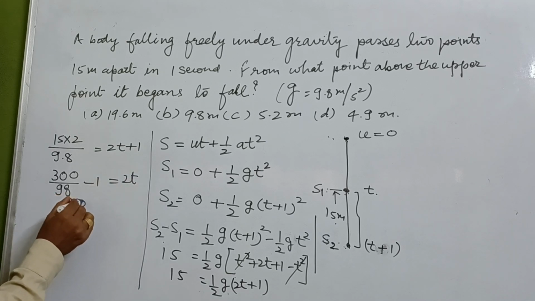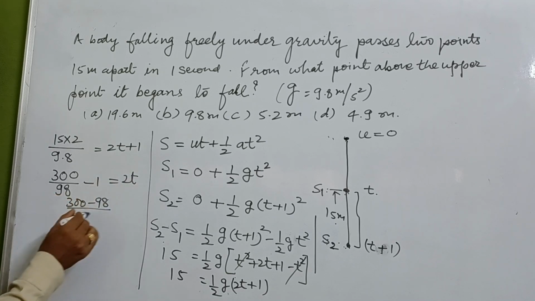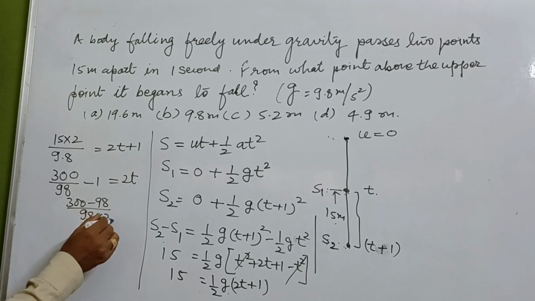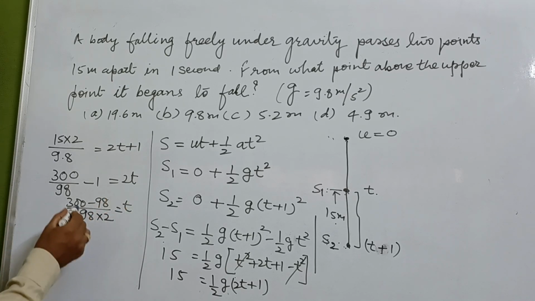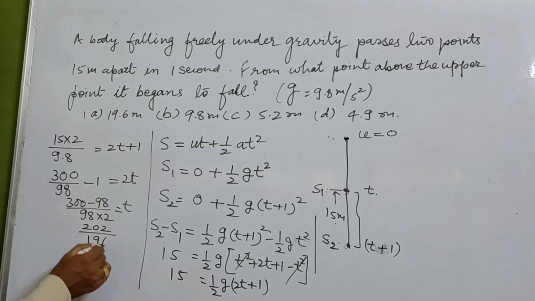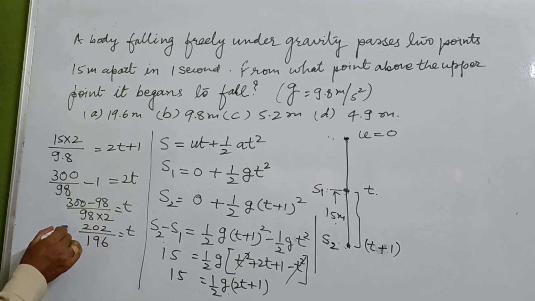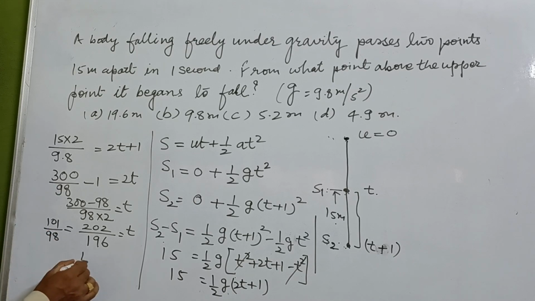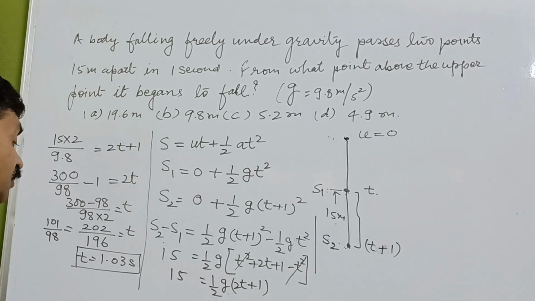So it is (300 minus 98) upon (98 into 2), which is equal to t. So t is 202 upon 196, or we can say it is 101 upon 98. So t will come around 1.03 second. T will be 1.03 seconds.